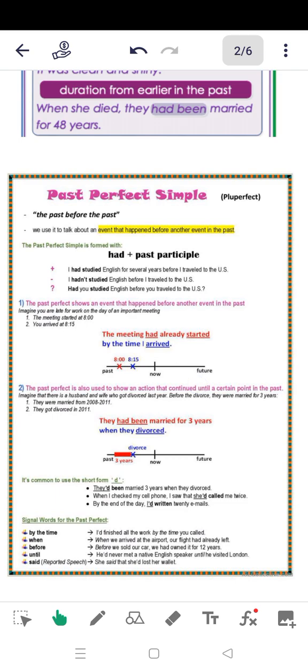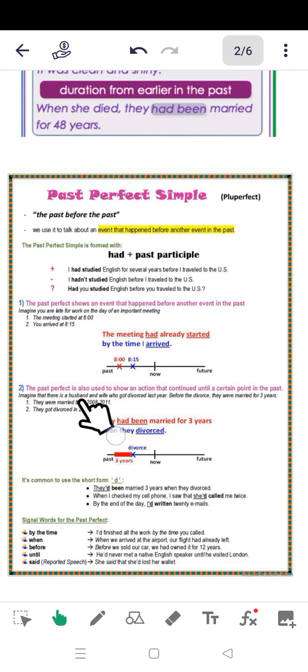We have 2 actions or events that happened in the past. Which one is the earlier? Which one is the past before the past? Great job. The meeting had already started because it was at 8 o'clock. Another use of the past perfect is to show an action that continued until a certain point in the past.